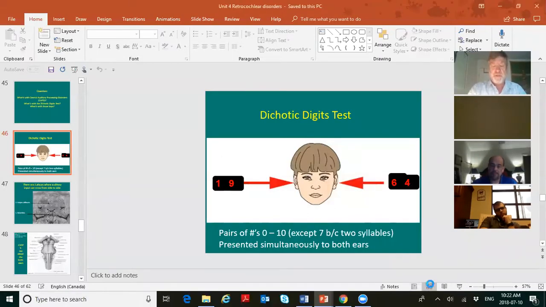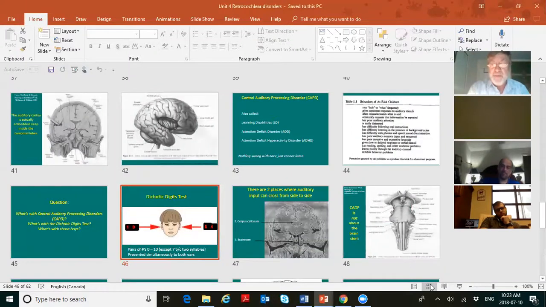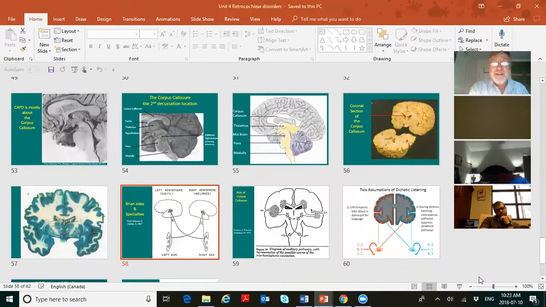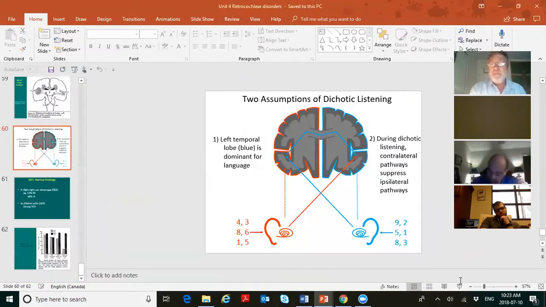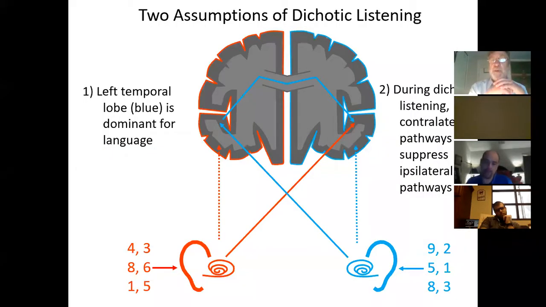Let's look at this once, because what happens here is this. You've got a right ear in red, a left ear in blue, okay? And here's your pairs of digits. Look at the pairs. It might be 4, 3, 9, 2, could be 8, 6, 5, 1, could be 1, 5, 8, 3, doesn't matter. The point is they are simultaneously presented to the left and right ears, but look at what happens here.